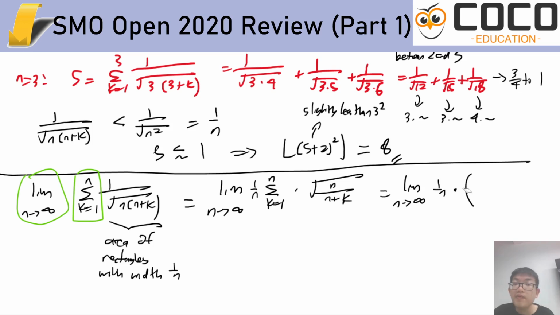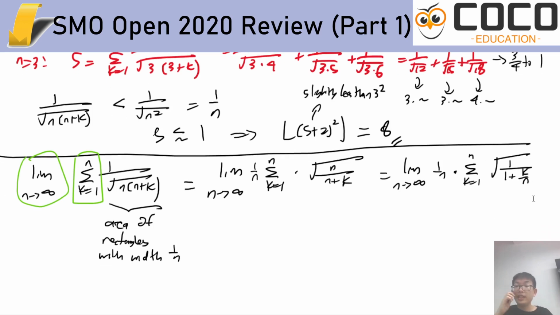Okay, I'm going to leave it in the summation notation for one more step. Now, what you must understand once you've set up this is that k over n is the correct form.